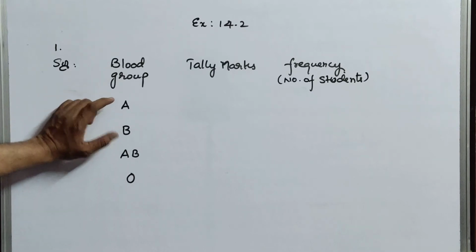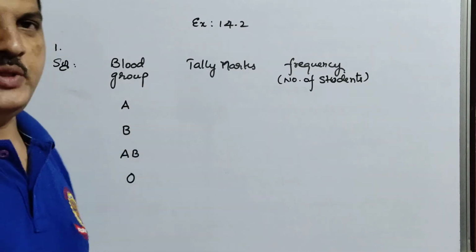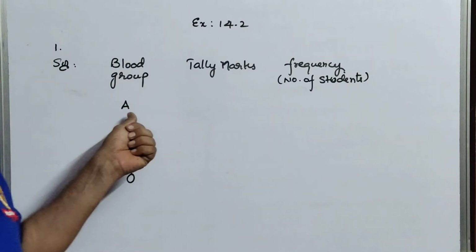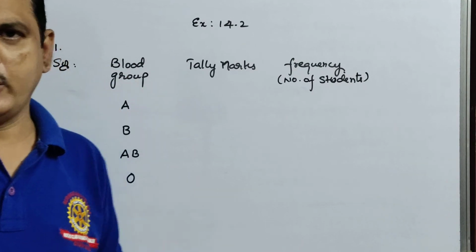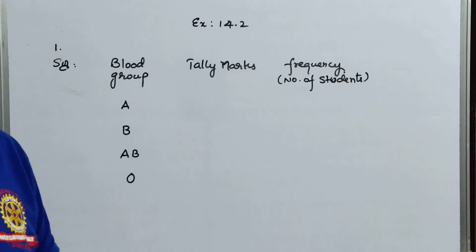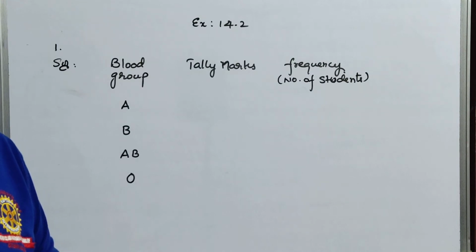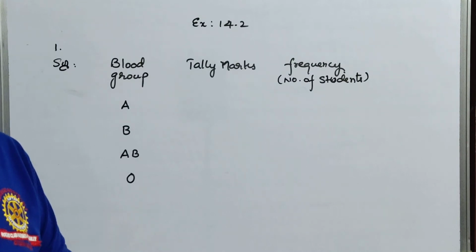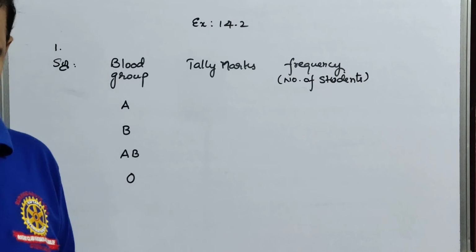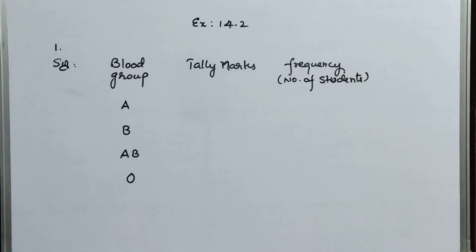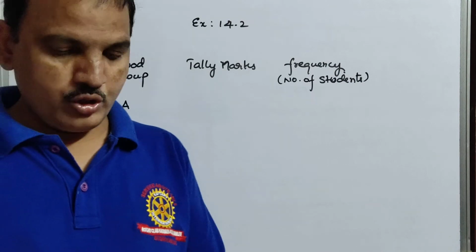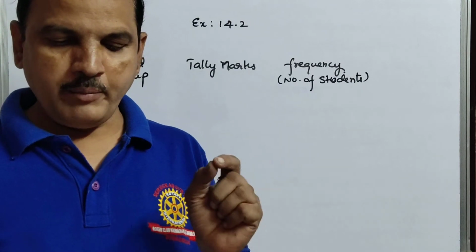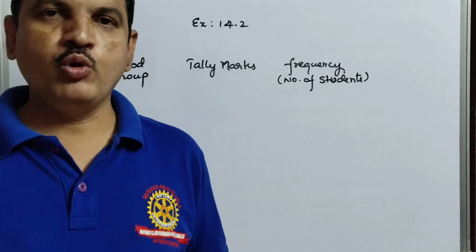Now, tally marks. How will you get tally marks? Count how many A's are there in the data. If you count the A's, 1, 2, and so on, there are 9 A's. In the given data, A, B, O, O, A, B, O, A, B, O, A, B, A, O, O, like that.